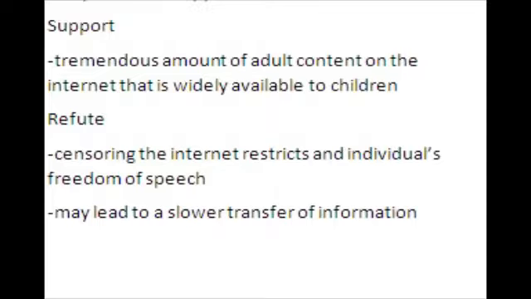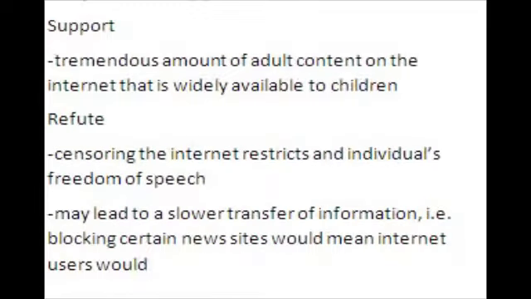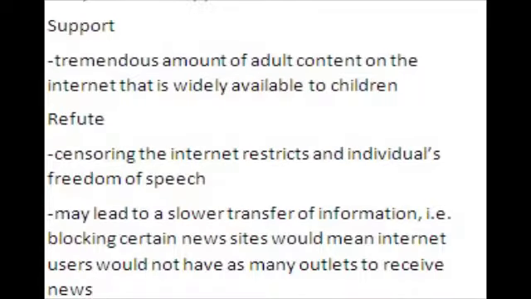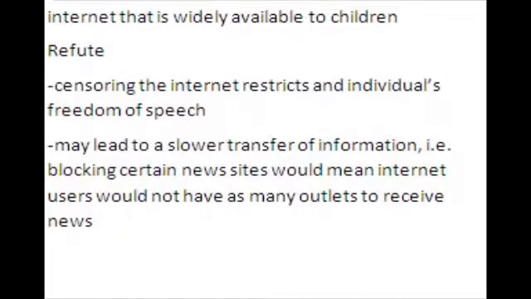So for example, blocking certain news sites would mean users would not have as many outlets to receive news. So if the government is controlling the internet, that just means that certain websites would be blocked, and that means that there are less avenues for people to get information. So overall, perhaps this would slow the transfer of information. So that's another idea that could refute the concept of the government controlling what is on the internet, or what the people of its country can see on the internet.